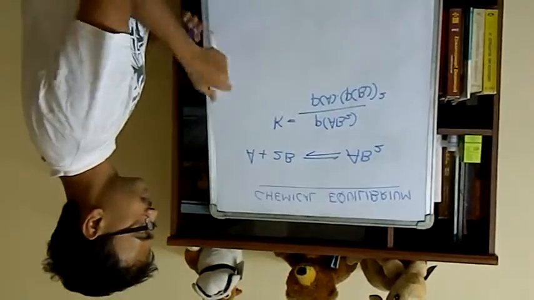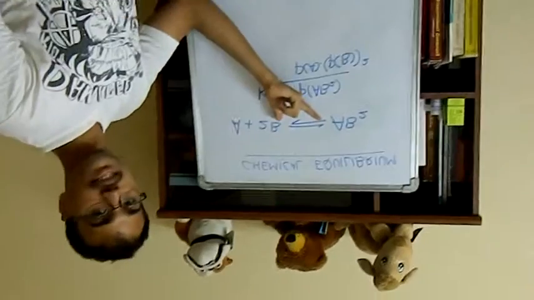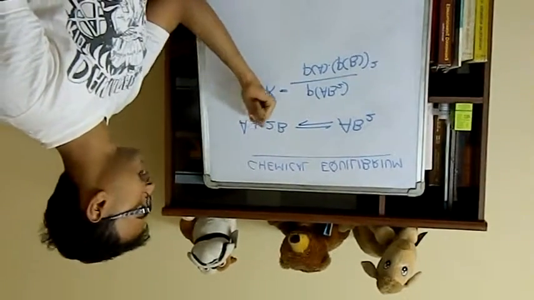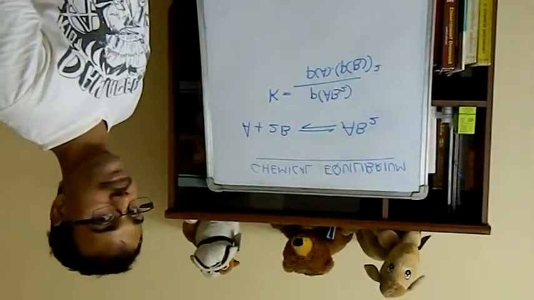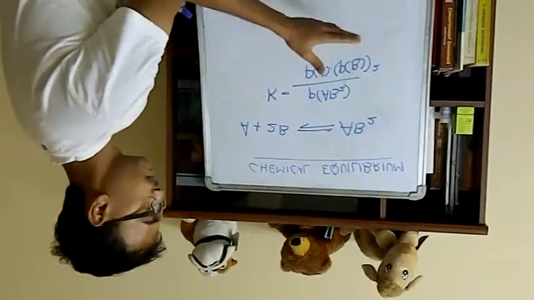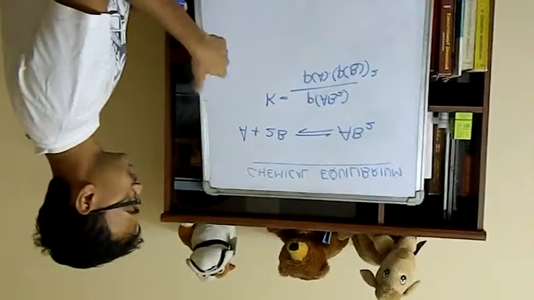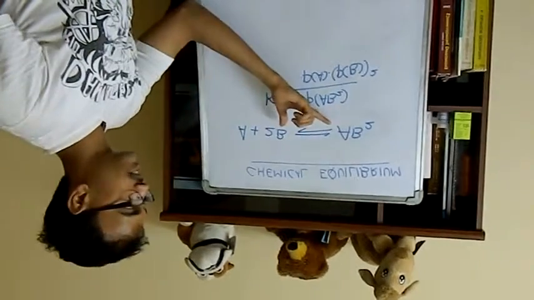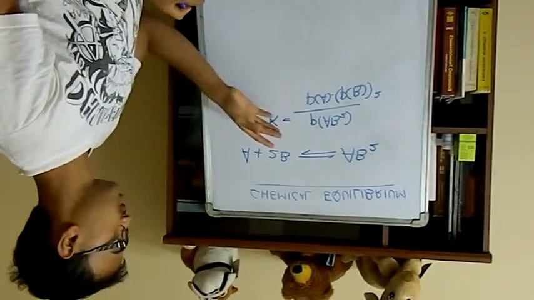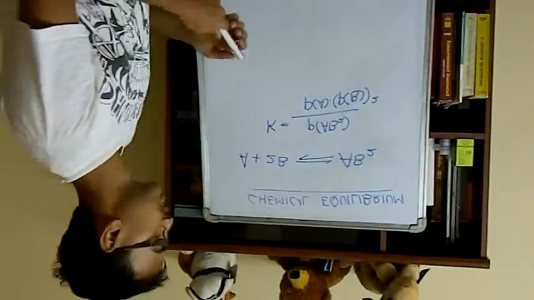So what this means is that when this reaction reaches equilibrium, that is, the concentrations of A, B and AB2 remain constant and don't change with time, then this value will remain a constant independent of the actual values of A, B and AB2. Suppose this reaction vessel is in equilibrium and I add some amount of A. Now the system is not in equilibrium, so the forward tendency is more.